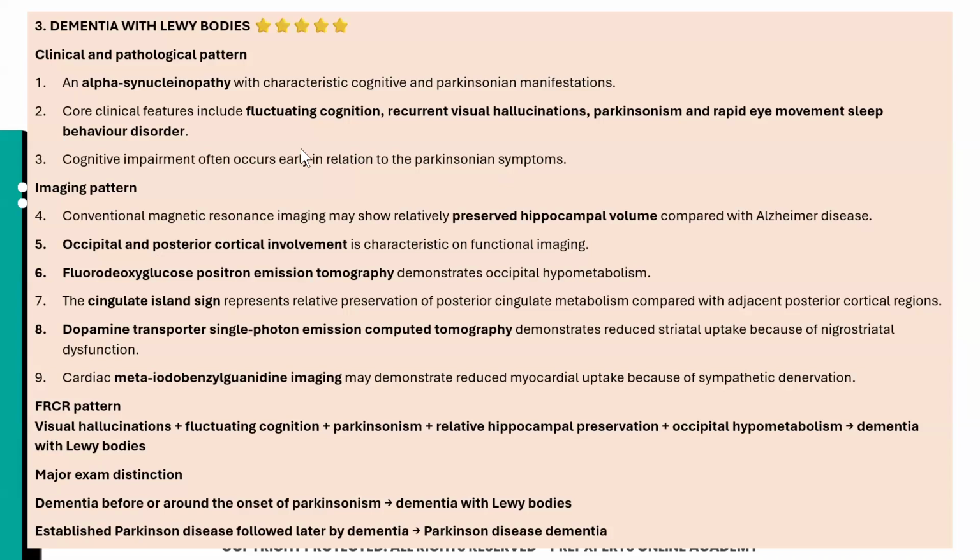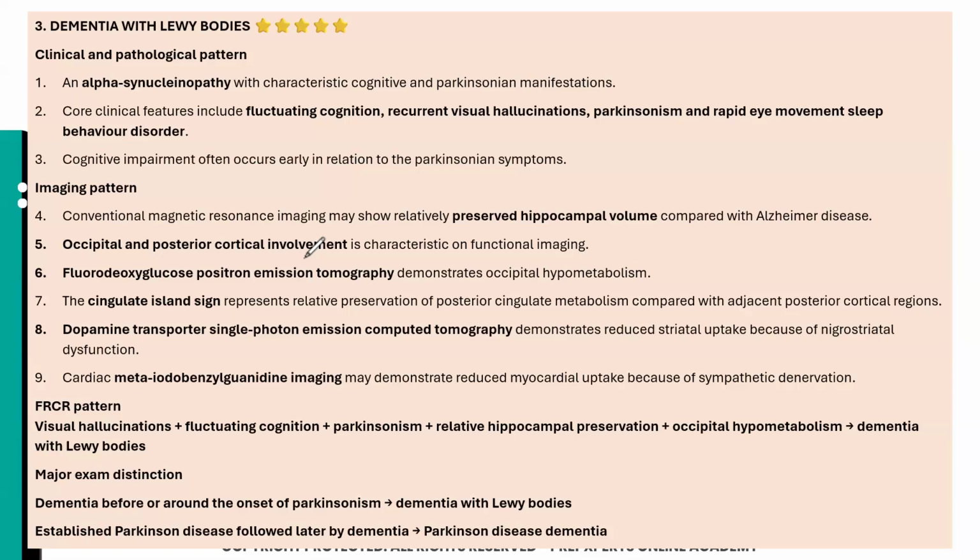Because we can see that these symptoms are not related to the hippocampus, right? What is happening here? This is your key: occipital and posterior cortical involvement. We all know that the occipital lobe is related to vision, right? So we already discussed that Lewy is from visual. We are going to have some visual changes, and the occipital and posterior cortex should be involved.